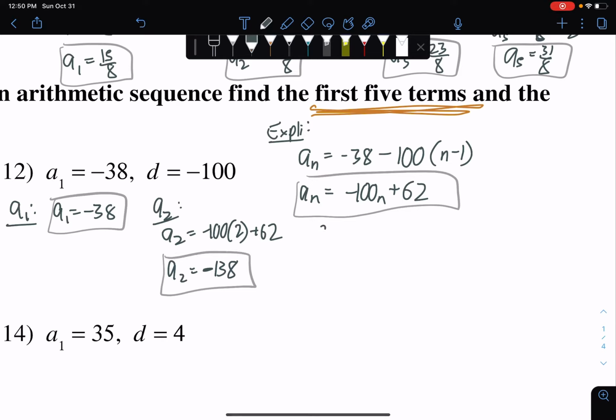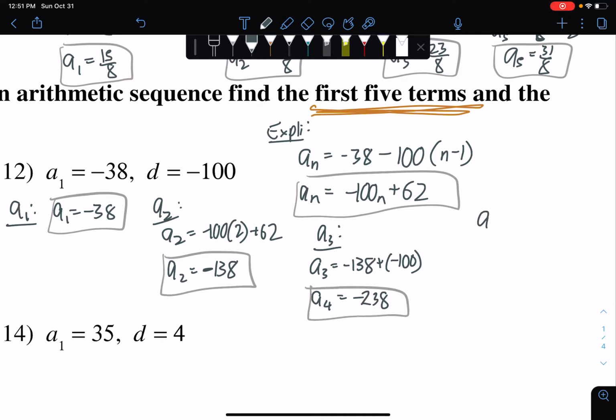Alright, for a sub 3, we won't be using the formula anymore. a sub 3 is equal to negative 138 plus negative 100, which is negative 238. I'm so sorry, this is a sub 3, not a sub 4.